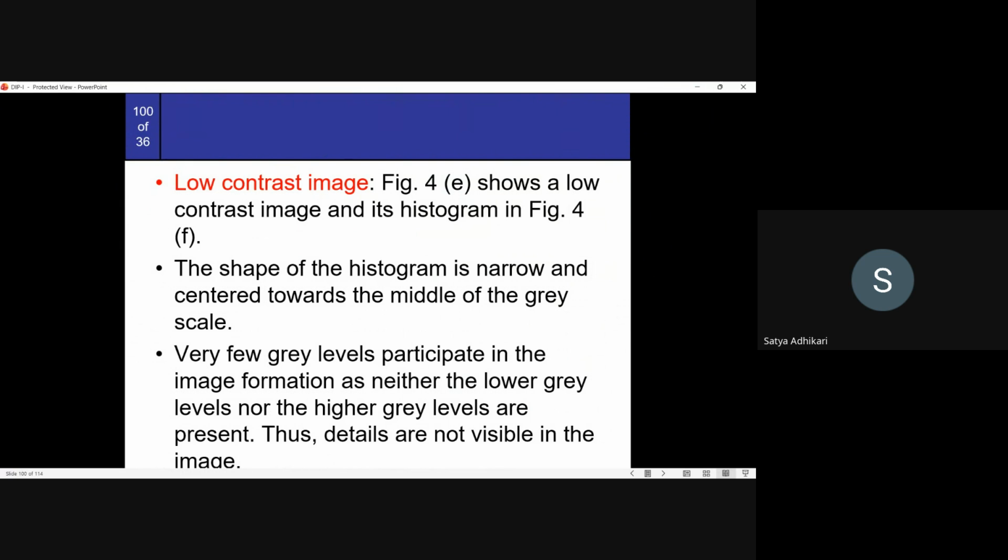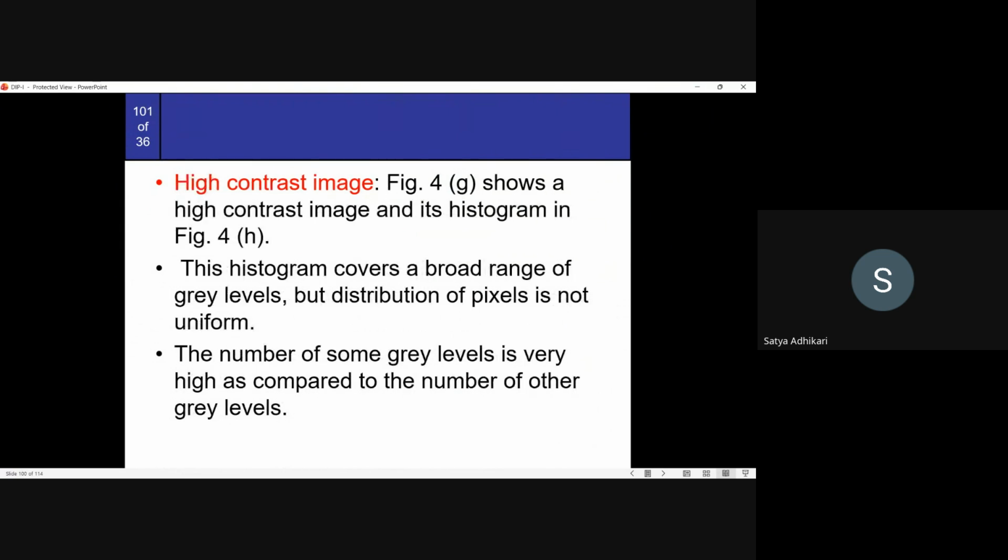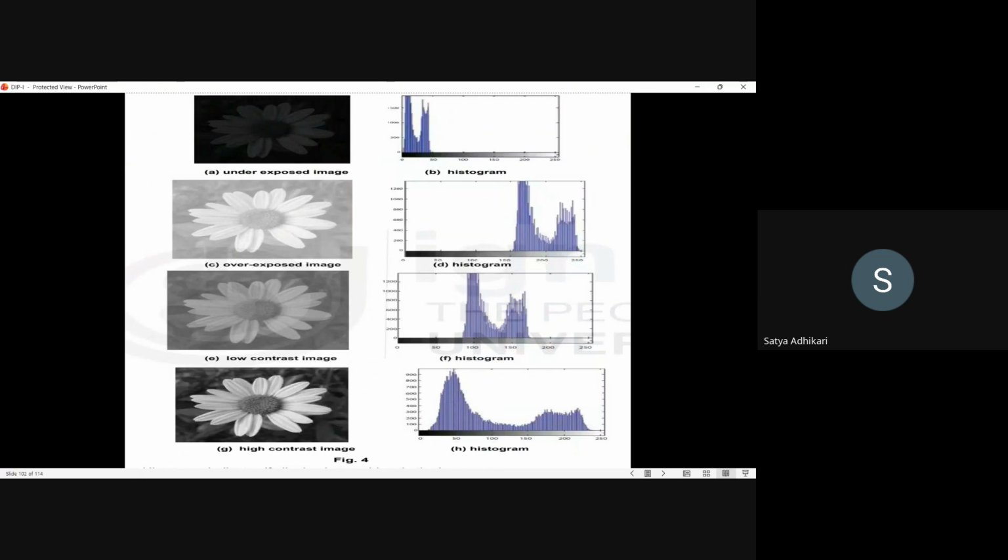Middle means, if the value is 0 to 255, the middle is around 127, 128. So all the gray values lie in the middle, I think starting from 100 and between 100 and 170 like that. And you find the histogram in the total middle of the graph.